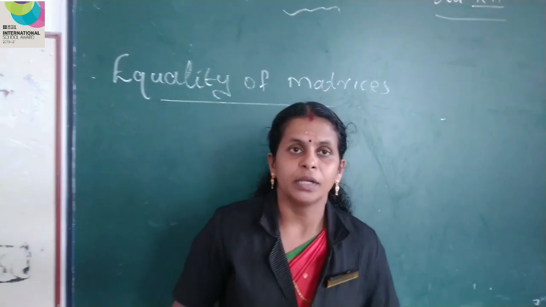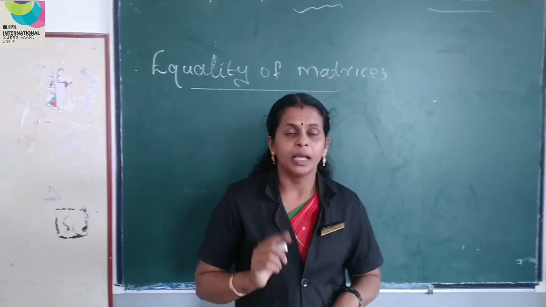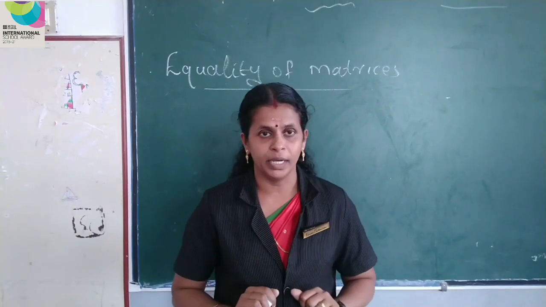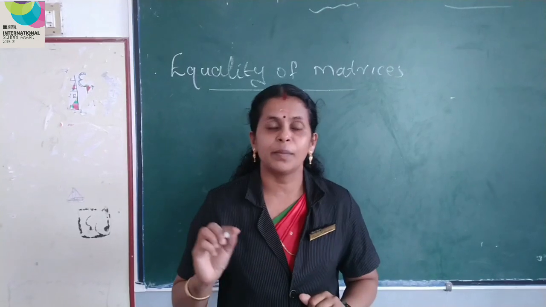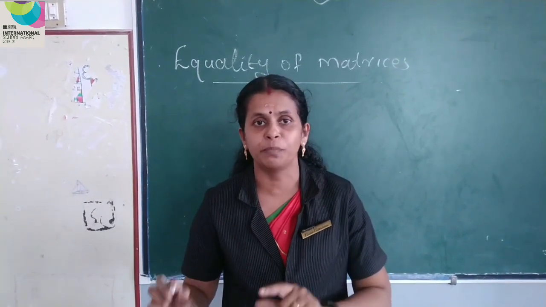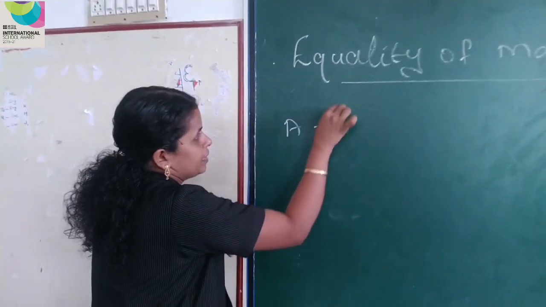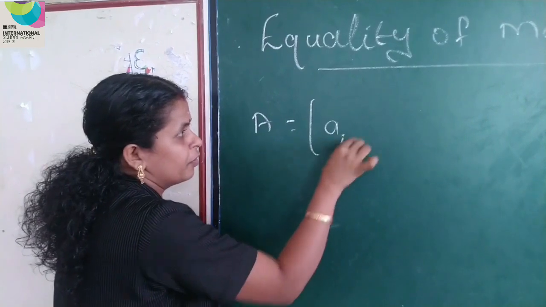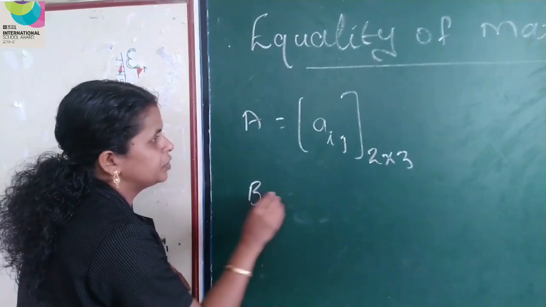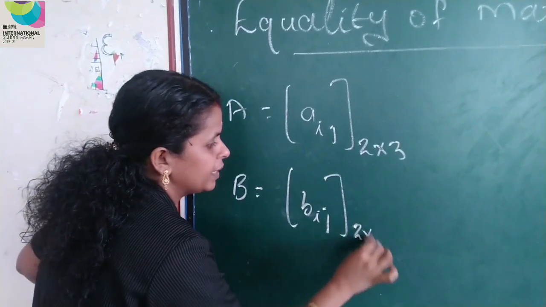Equality of matrices. Two matrices A and B are said to be equal if, first, both have the same order. Second, each element of A is equal to the corresponding element of B. That means A equals matrix Aij of order 2 by 3 and B equals matrix Bij of order 2 by 3.